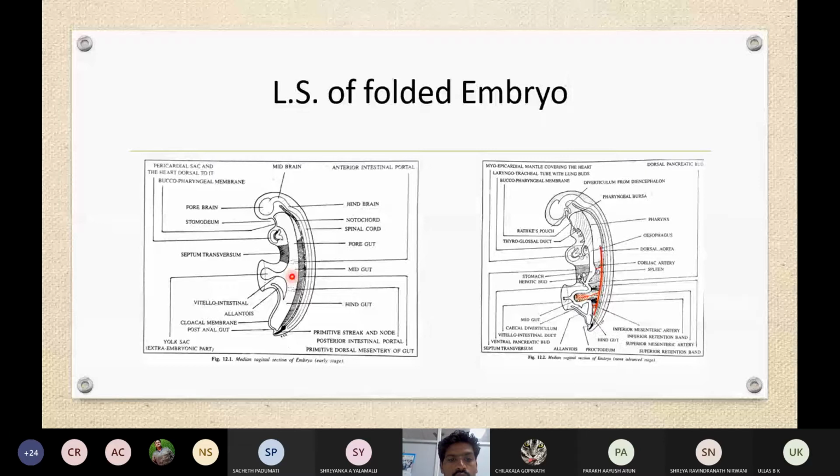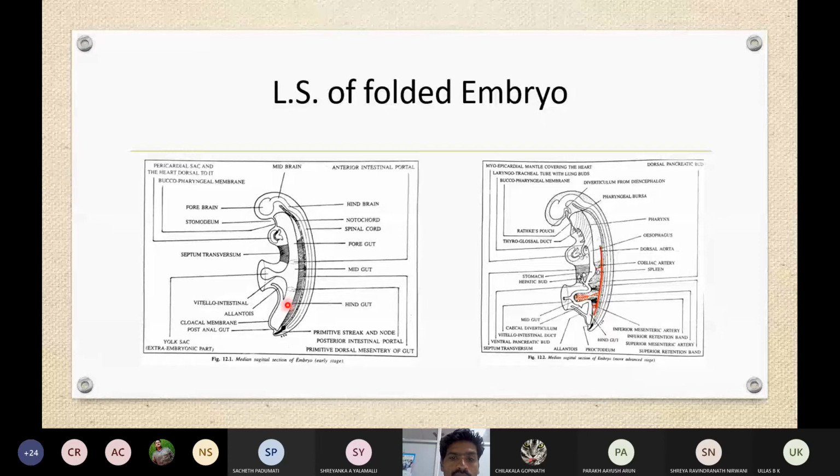So you are finding the two junctional areas between the foregut, midgut and the hindgut, called the anterior intestinal portal and posterior intestinal portal. These two portals divide the foregut, midgut and hindgut initially.